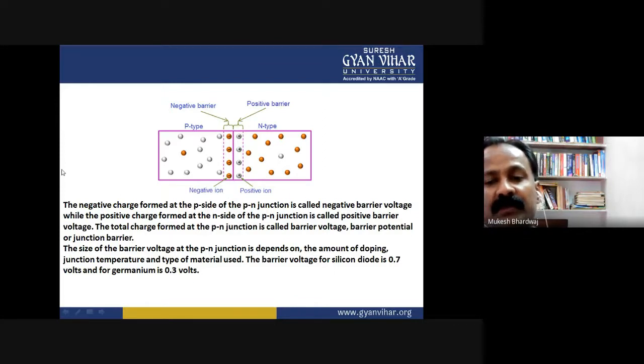The barrier voltage for a silicon-based diode is 0.7 volt, and for a germanium-based diode is 0.3 volt. So this is how much electrostatic field is set up, and we say the barrier voltage or cut-in voltage; later or sooner we are used to calling it cut-in voltage.